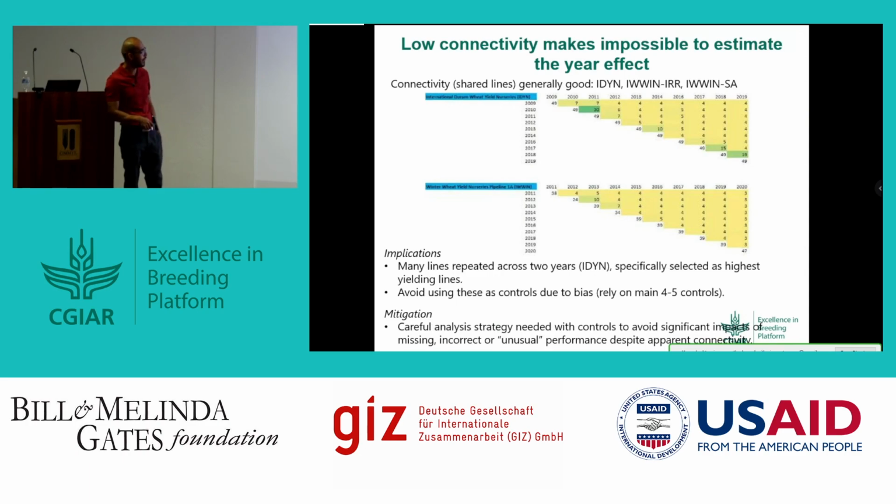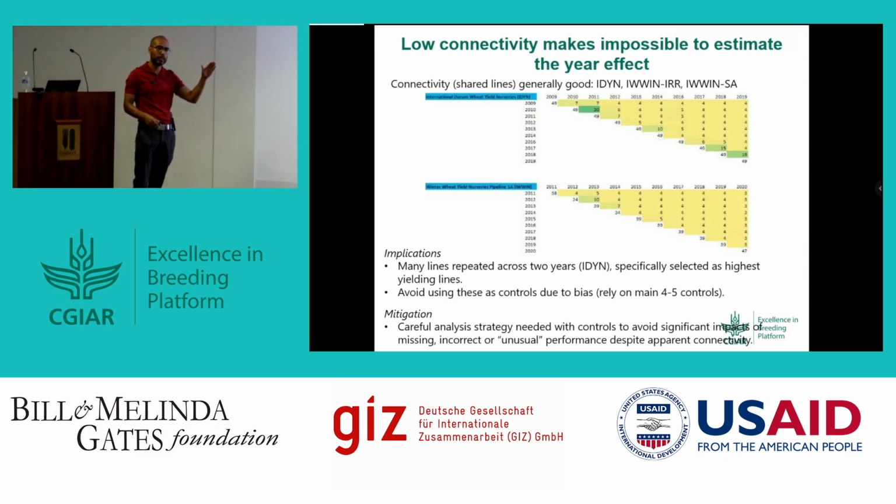This is, let's say, an analysis where there were the entries, and then suddenly there were these checks that were present across all years, all trials. I'm not saying that this is necessarily the way to go, to always put in the same ones for the next 100 years, not yet, but there were good connectivity patterns. And those are the ones that, like I said, were showing those clear trends.